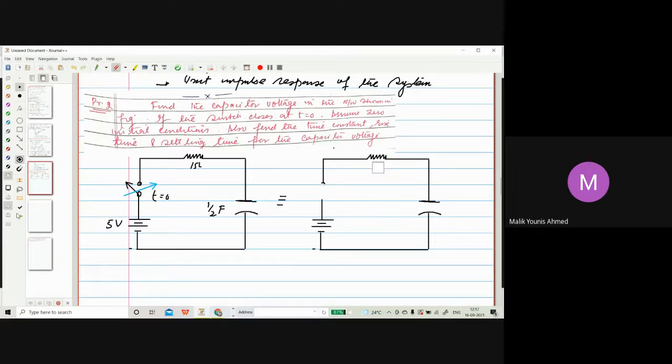These values will also change. So 5 V, the Laplace transform of this is 5 by S.